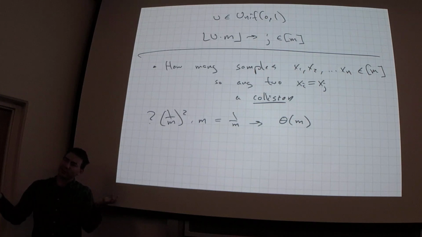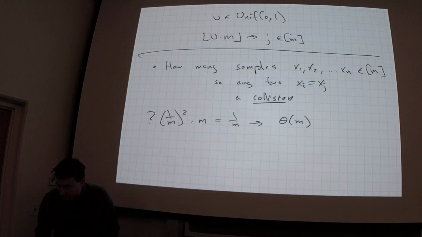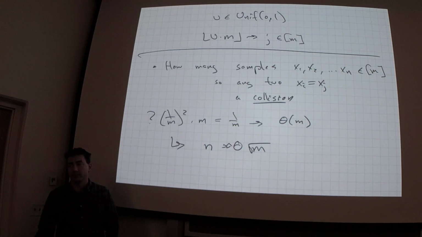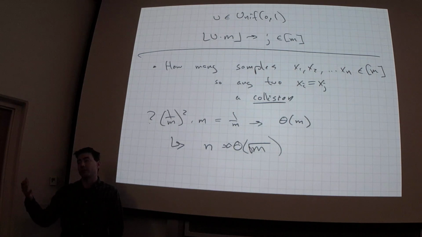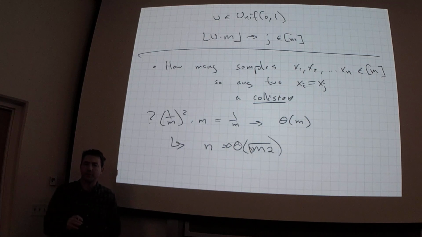You have to deal with collisions in case they happen, but it turns out the answer is n of roughly square root of m. So 23 is roughly the square root of 25. Maybe square root of n times 2 might be a little bit better.